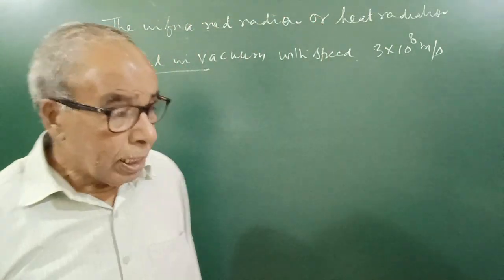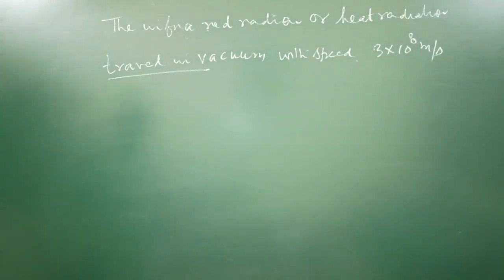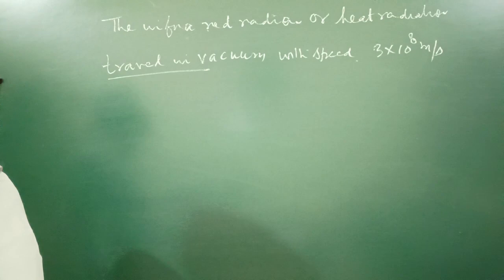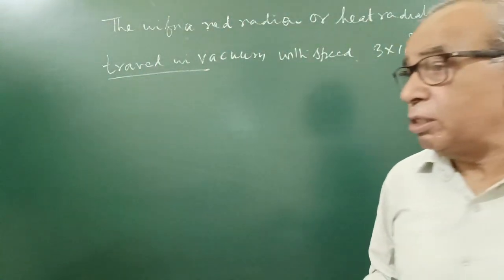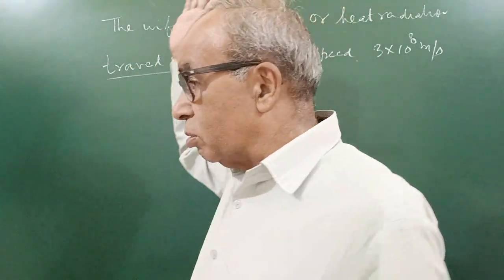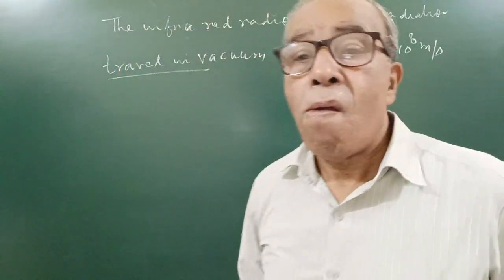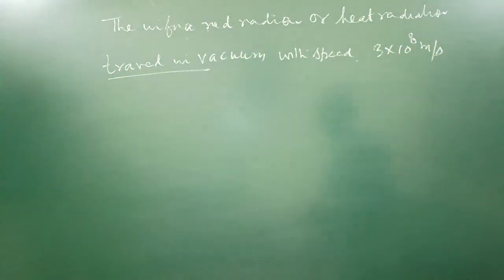Now there is some important discussion. When the radiation travels from the sun to the earth, the medium is not heated, but the air comes in between. Above the atmosphere, there is vacuum, no problem.